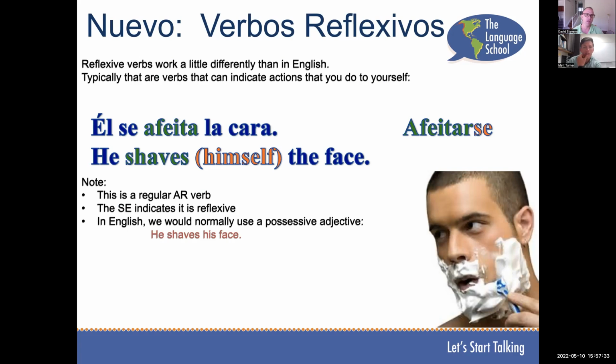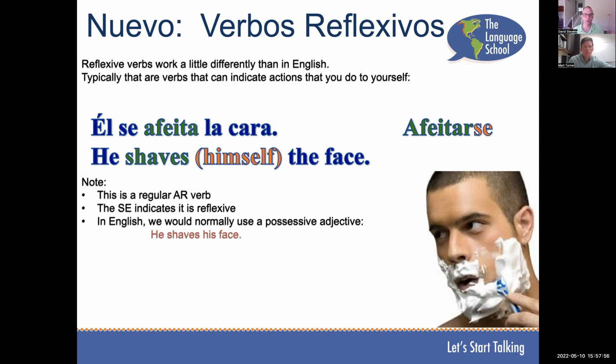Correct, yeah. So reflexive verbs are different than in English. This is kind of an odd concept, but we'll get through it. Essentially, a reflexive verb is a verb or a sentence where the subject and the object are the same, right?